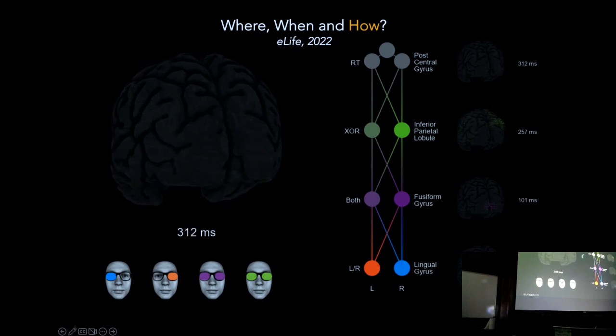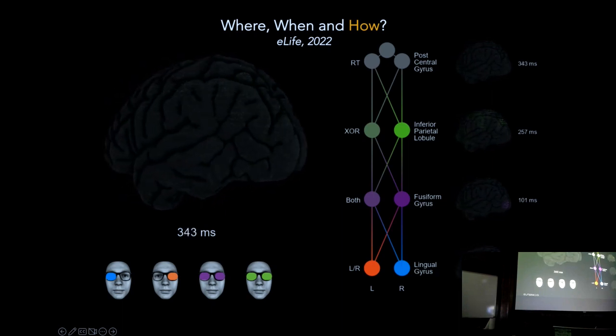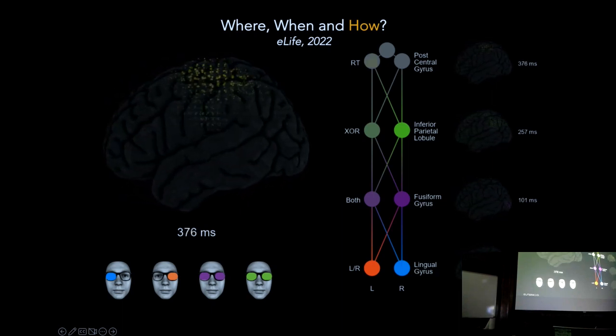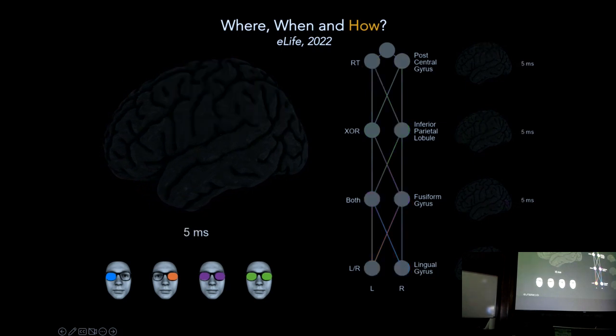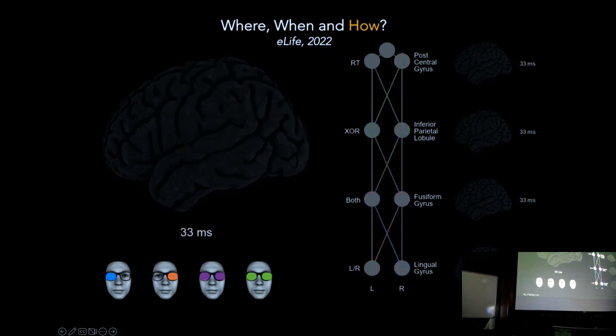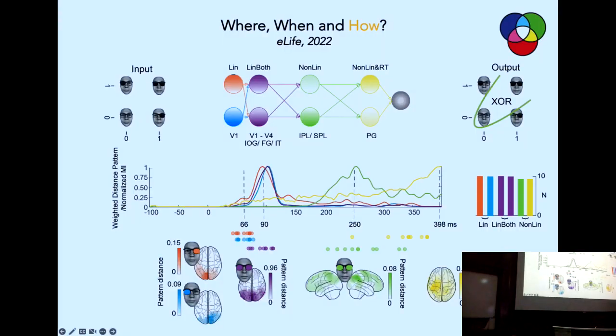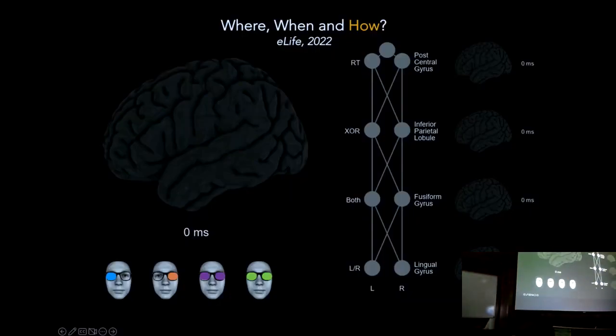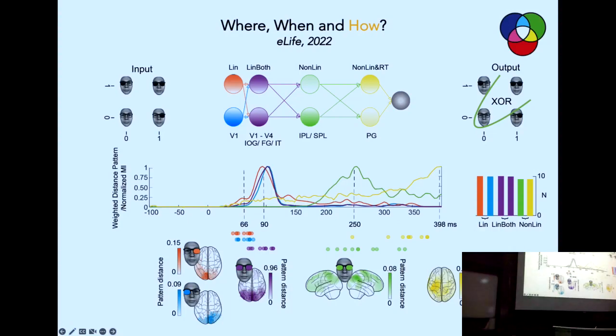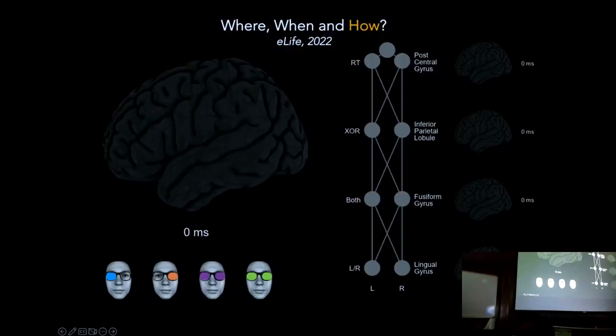But when we get to parietal cortex, we see the first nonlinear representation of the two lenses in MEG activity. And then as we keep going in time, we get to the nonlinear representation in post-central gyrus. And I'll rerun this so you can see it better.